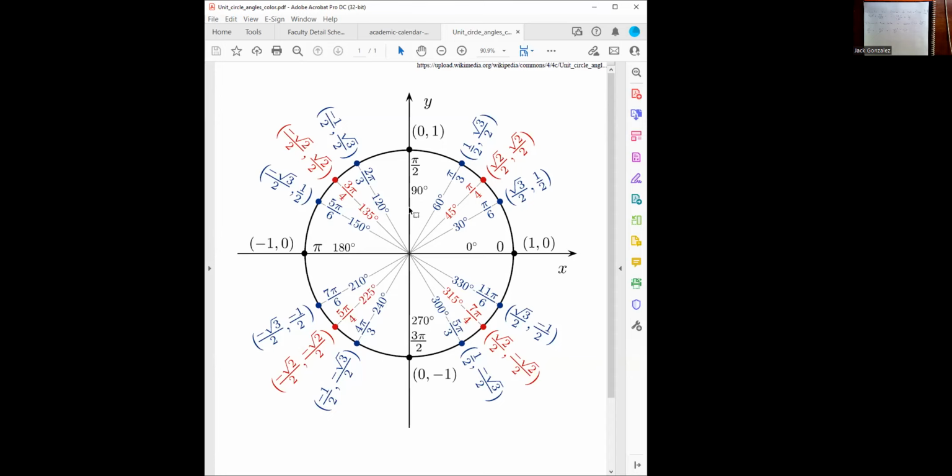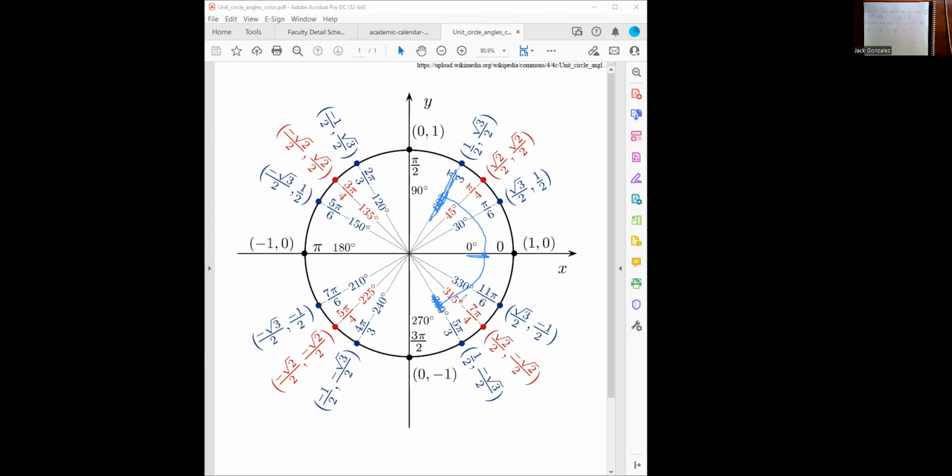Let me get my pen back up. So positive pi over 3, 60 degrees, starts here. There's my initial side and my terminal side. Negative pi over 3 would start here and go all the way over there, so this would be my terminal side.